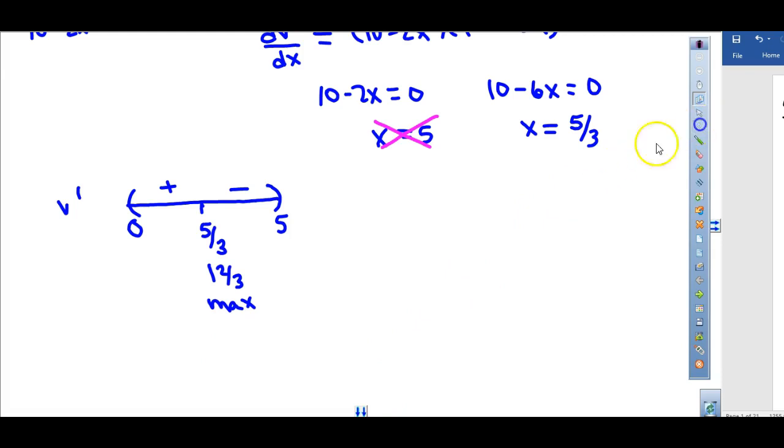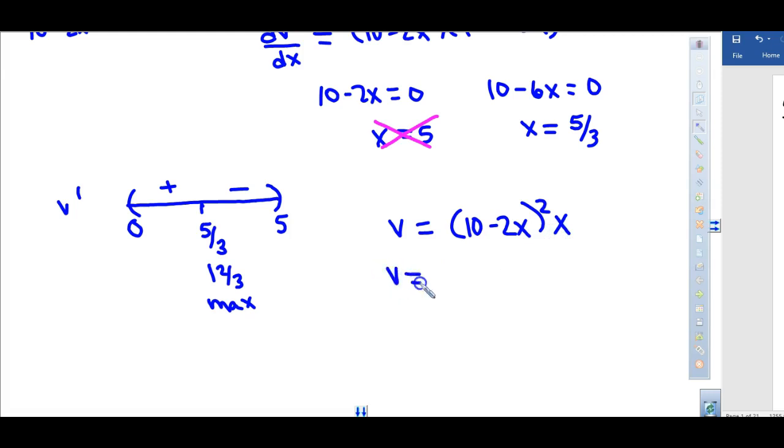So that means I need to go back to my volume equation, 10 minus 2x quantity squared times x, and in the place of x, I need to put 5/3. I'm going to put that x in front, so I'm going to do 5/3 times 10 minus 2 times 5/3 quantity squared.